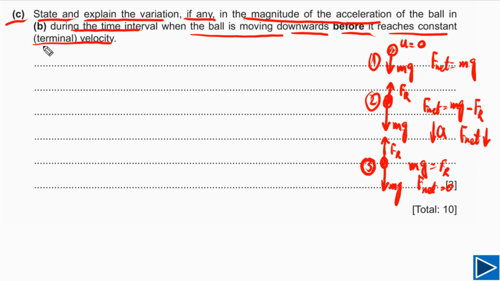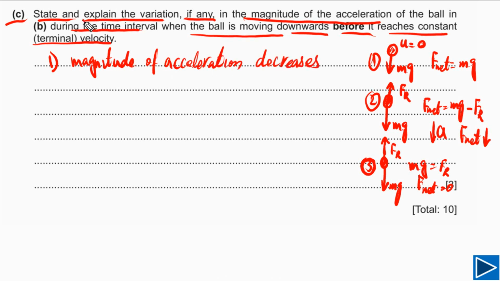So the first part of the question is asking us to state, so we can write down: magnitude of acceleration decreases. Now the question is also asking us to explain, so we can simply explain that as the ball is falling, weight remains constant.